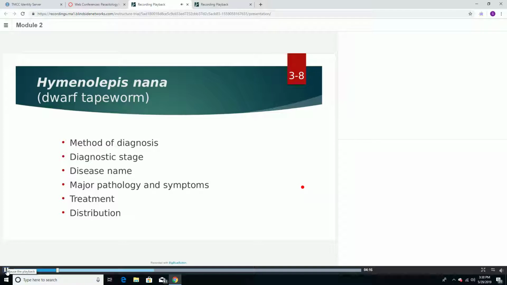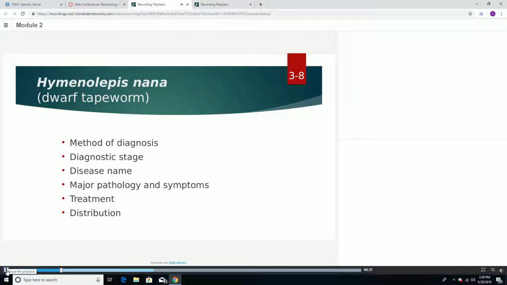The dwarf tapeworm requires no intermediate host. A house mouse is a common definitive host. Fleas and beetles can serve as transport hosts. So we could possibly get an infection from mouse feces that are infected with the egg.